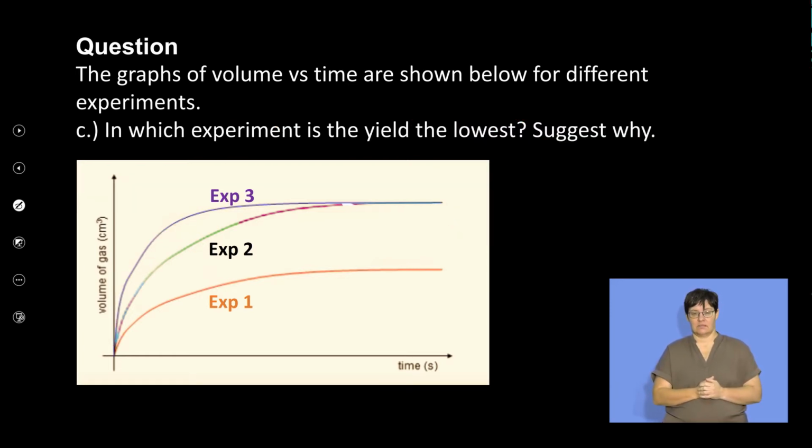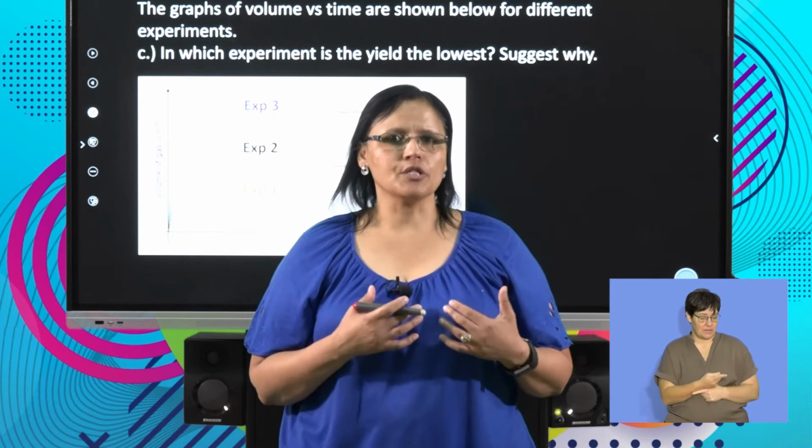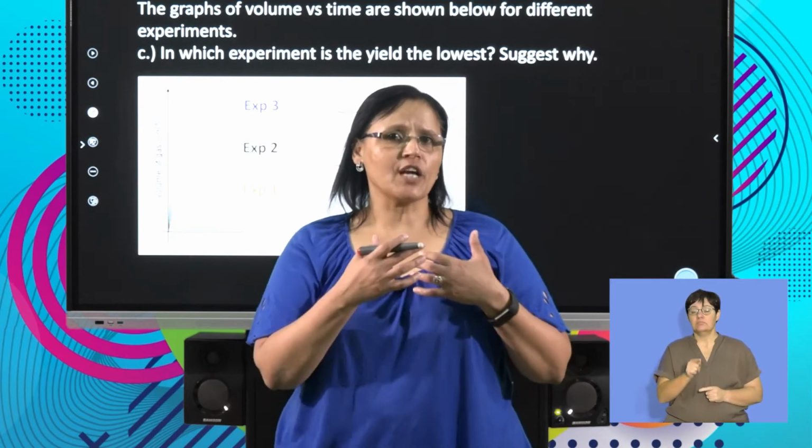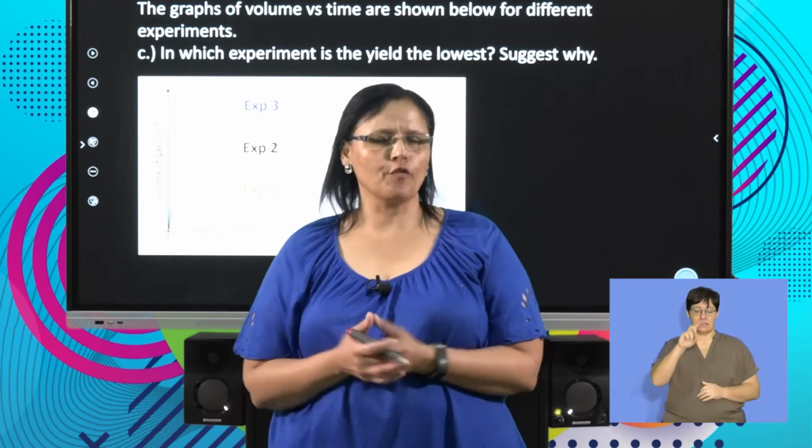Next, in which experiment is the yield the lowest, and suggest the reason why that will happen. By the time the curve flattened off, we know that no more product will be formed. So when we have a flattened off curve, we have to look at how much was put in, because the amount of reactant that is put in will determine the yield of an experiment.